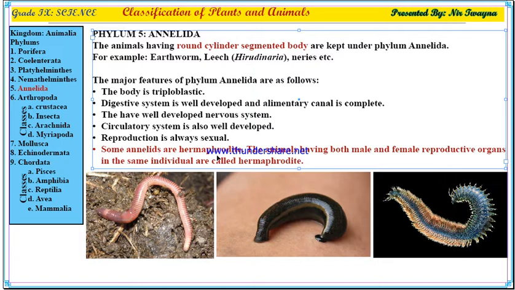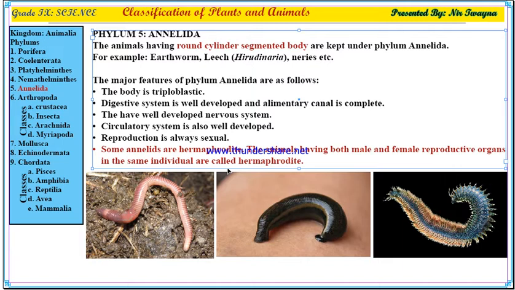Aphrodite is the goddess of love in Greek mythology, and she is considered the symbol of sex, and that's why the word hermaphrodite comes from there. Hermaphrodite means the organism which has both male and female reproductive organs in the same individual.